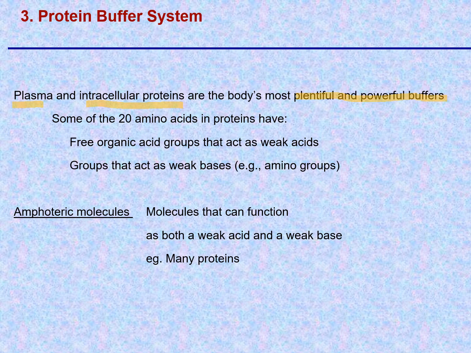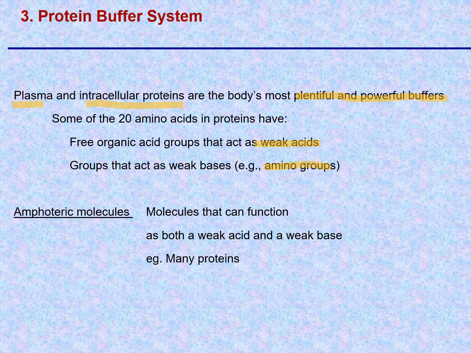As you perhaps remember, you have 20 different amino acids that make up proteins, and some have a free acid group, and those can act as weak acids if they have carboxy groups, for example, on them. And some can act as weak bases if they have, for example, amino groups.